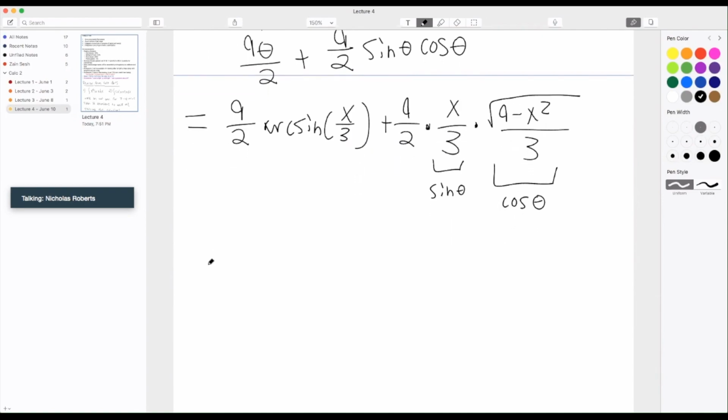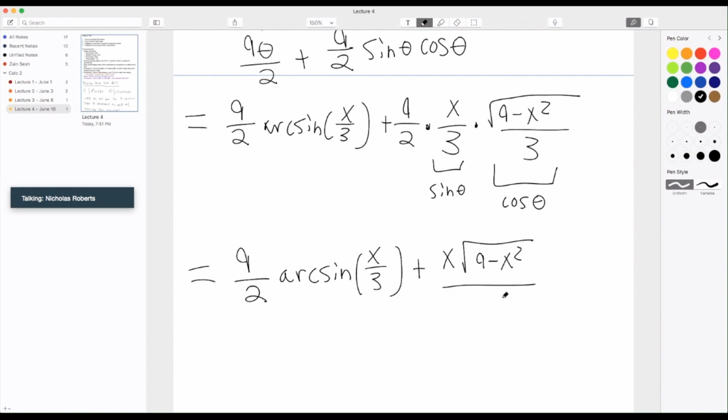And final step, just to clean up that right term, after arc sine of x over 3, we get plus x square root of 9 minus x squared over 2.